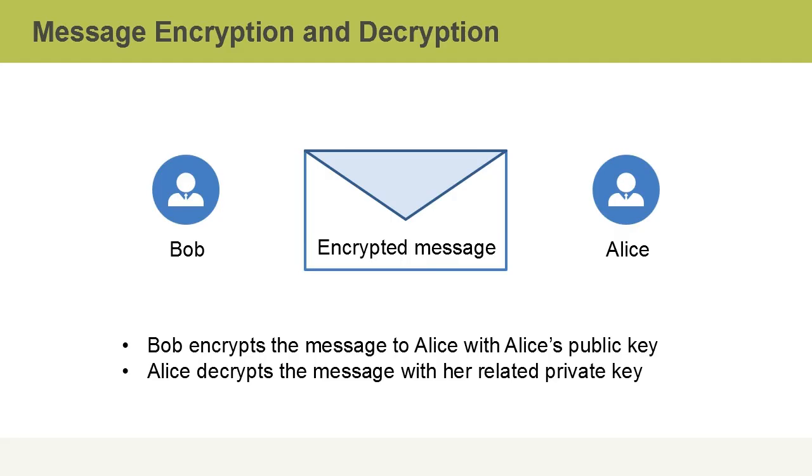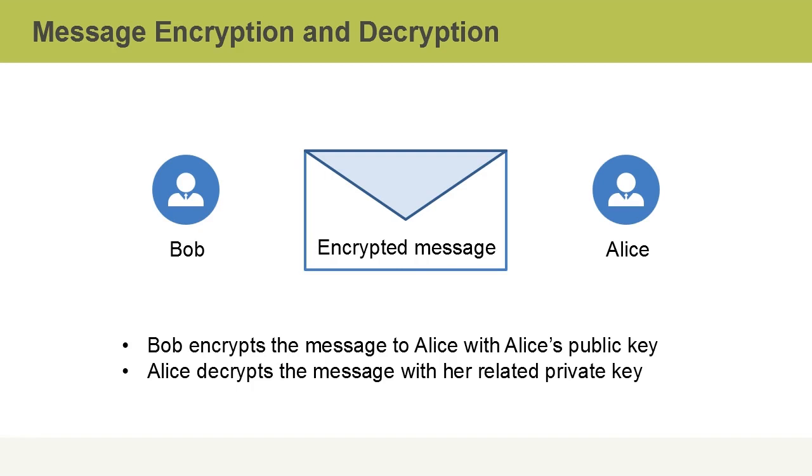Let's dive into the email encryption example a bit further. Pictured here on the left, we have user Bob, and on the right, we have user Alice. In this example, Bob wants to send an encrypted email message to Alice. So what happens is that Bob encrypts the message to Alice with Alice's public key. So one way or another, Bob has to possess Alice's public key.